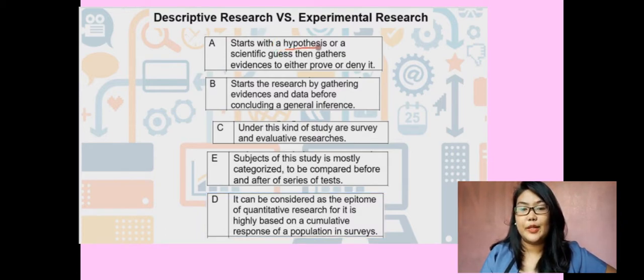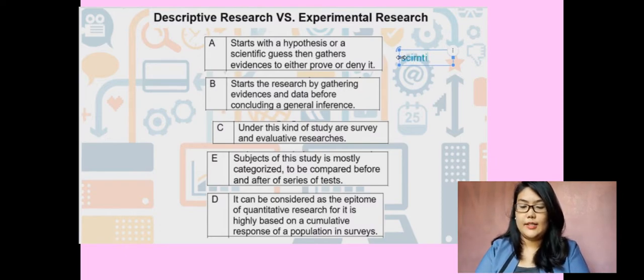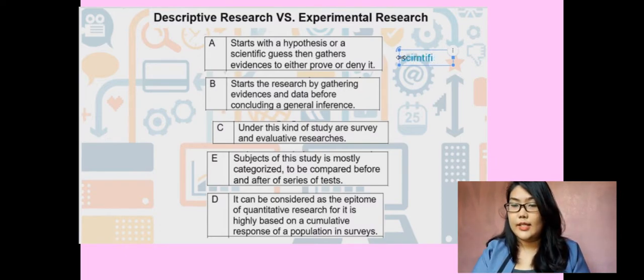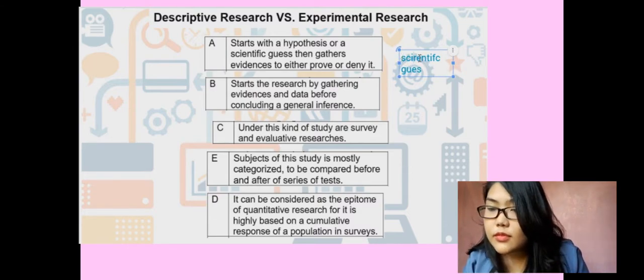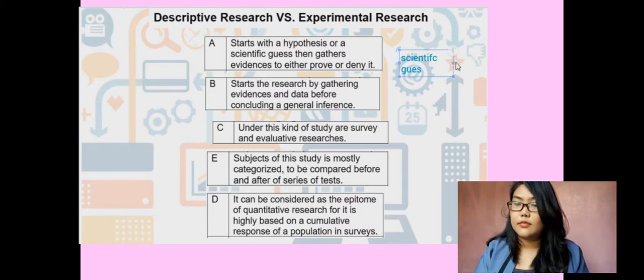Starts with a hypothesis. Ayan na, lumalabas na. Hypothesis. What do you know about hypothesis? Okay, scientific guess. But is this proven already?